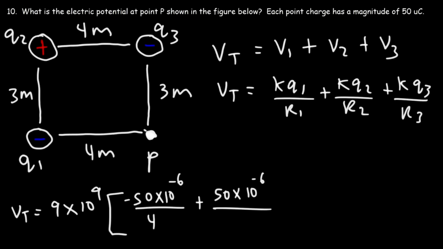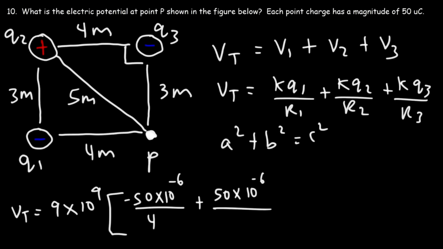Now what is the distance between point P and Q2? So what we have is a right triangle. We have the 3, 4, 5 right triangle. So you could use the Pythagorean theorem to get the hypotenuse. It's a squared plus b squared equals c squared. 3 squared plus 4 squared, that's 9 plus 16, which is 25.